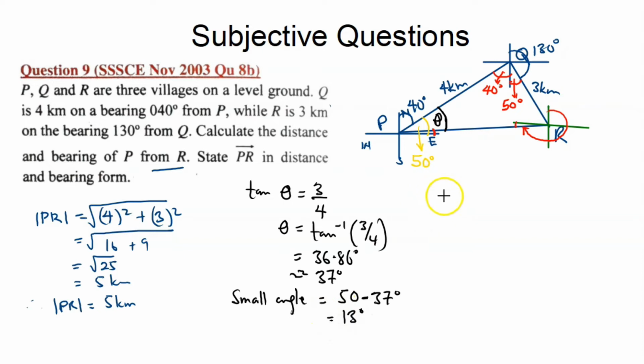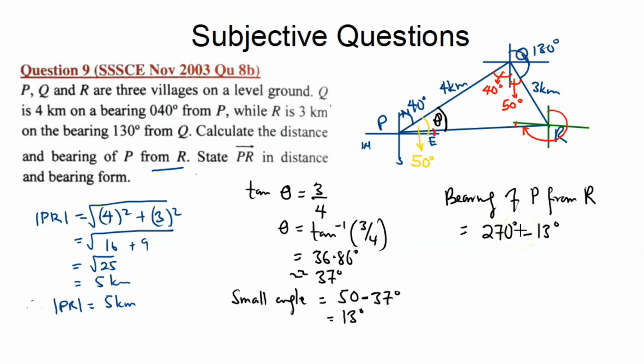So in order to obtain the bearing of P from R, then that is going to be equal to 270 degrees minus the smaller angle we've actually worked out, which is 13 degrees.